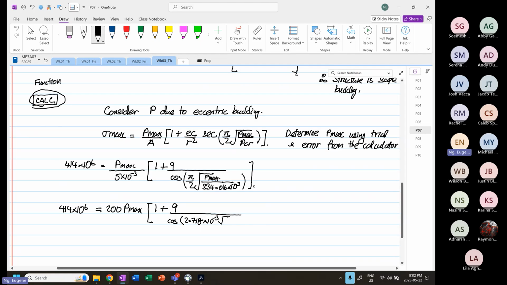And then you have the square root of P max, and then you close the bracket.